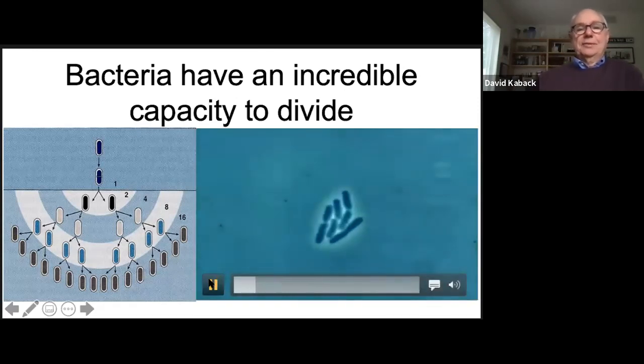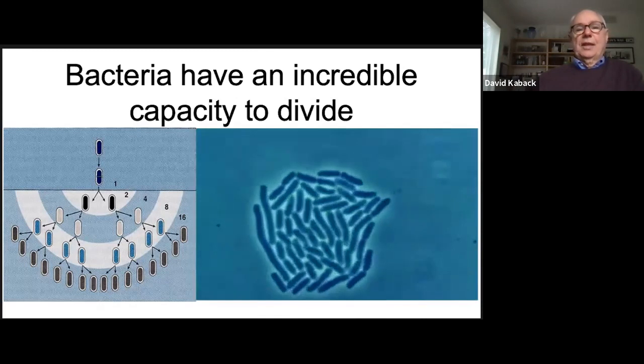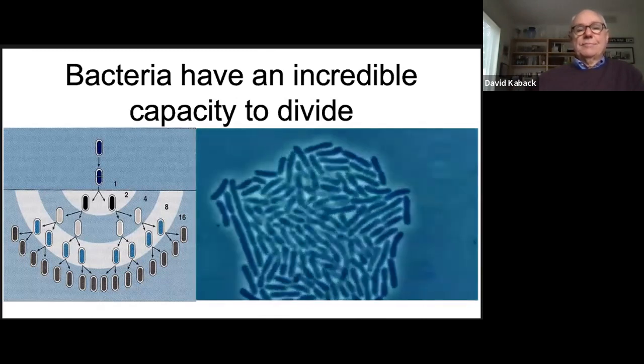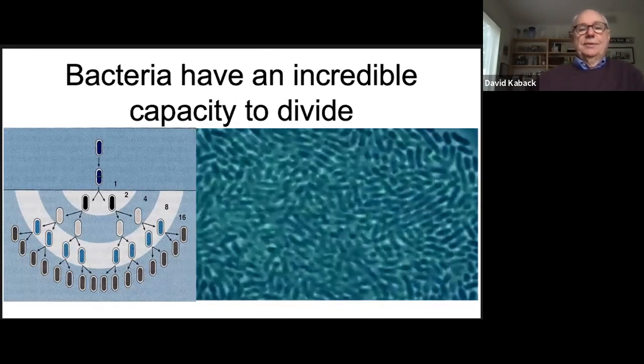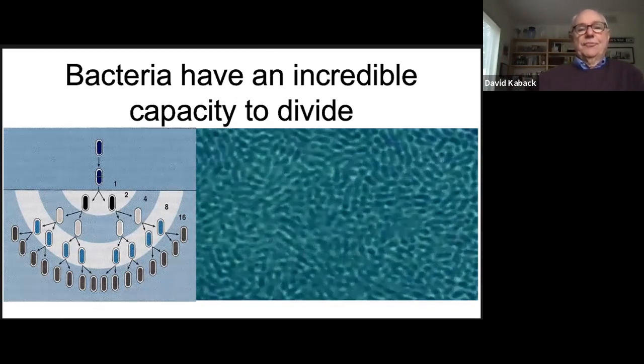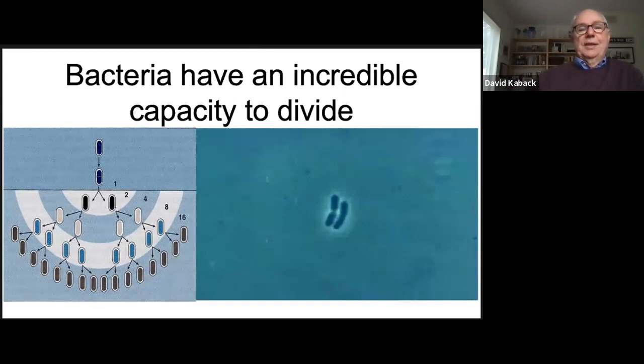Bacteria reproduce very simply and rapidly by doubling their contents and splitting in two. Just one bacterium, dividing every 20 minutes, could produce nearly 5,000 billion bacteria in one day. All right, so 5,000 billion is 10 to the 23rd, or a mole of bacteria.